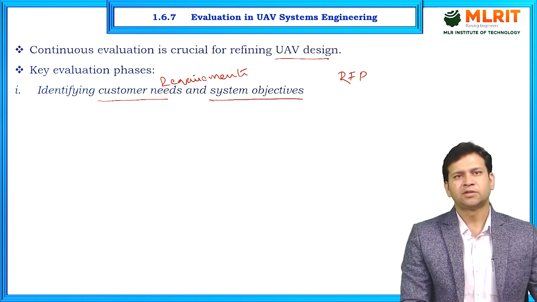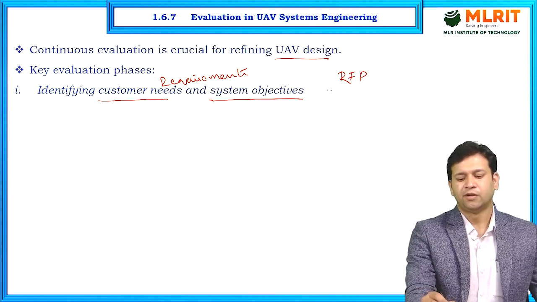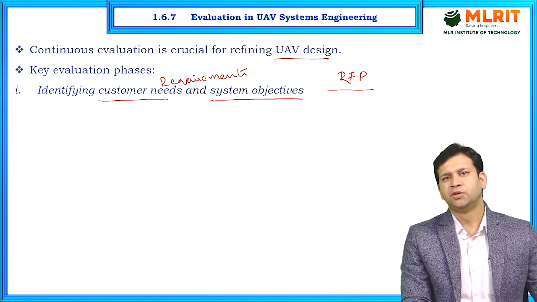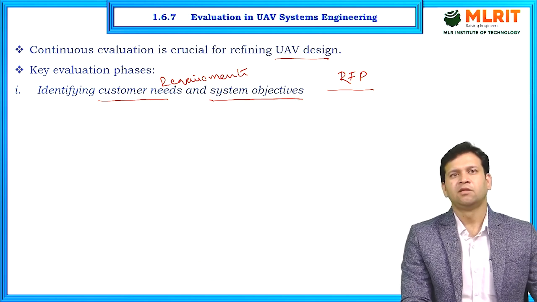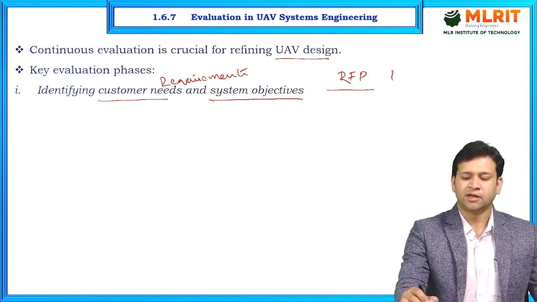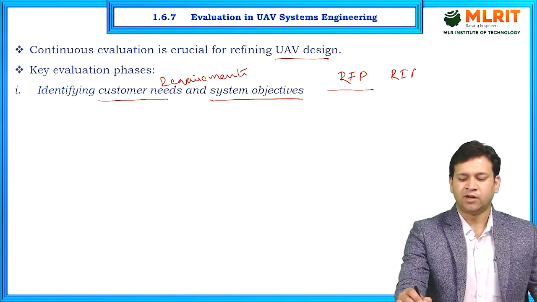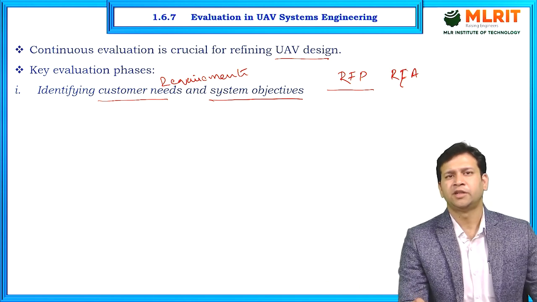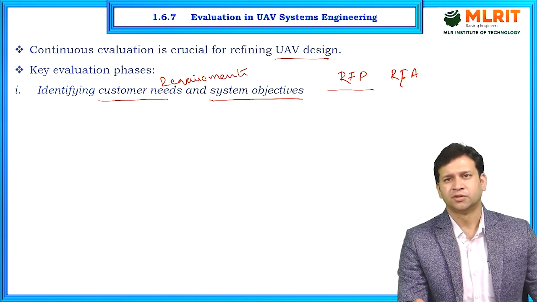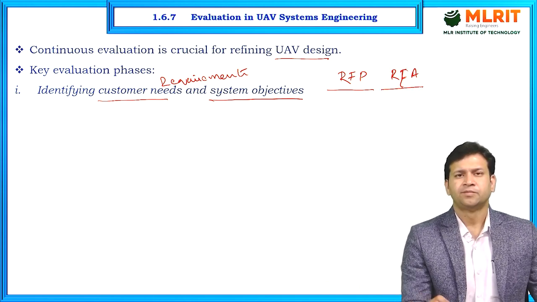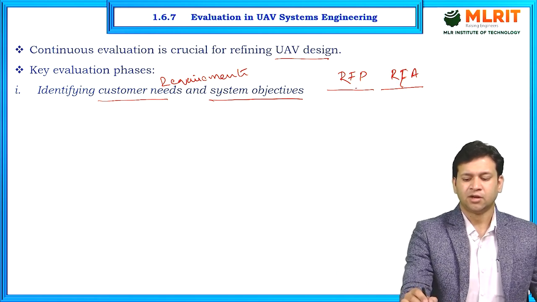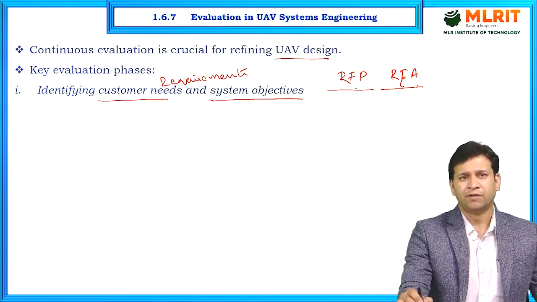These requirements will be submitted in the form of request for proposal for an entirely new design, and if existing unmanned air vehicles are available, then RFAs are given by the manufacturers and producers. RFP is request for proposal, and RFA is request for available data.